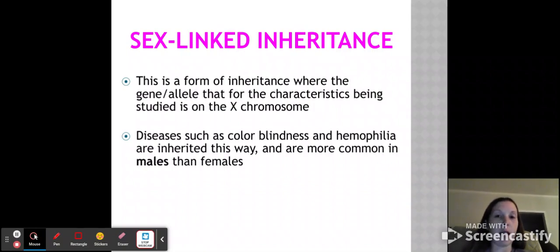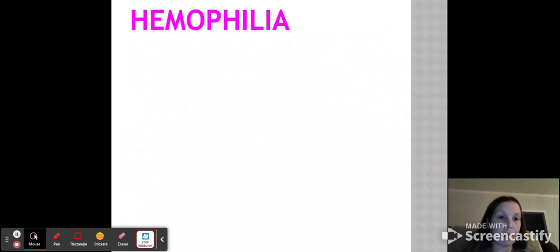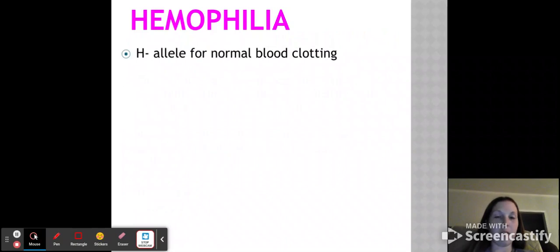So that's why we look at X-linked. A lot of times people say sex-linked inheritance, but you can say X-linked because it's specifically on that X. Remember that females are XX and males are XY. So that's why they have half the chance to express this than a female.